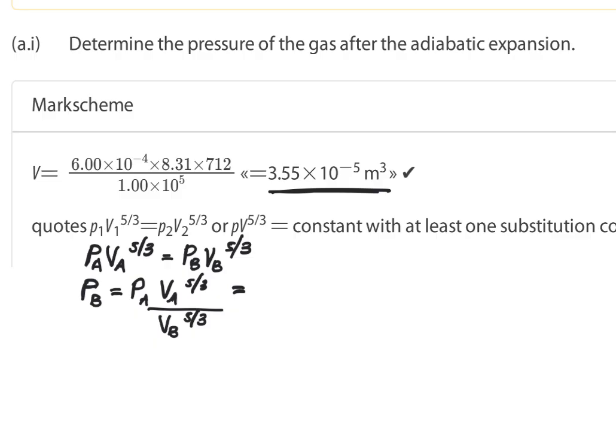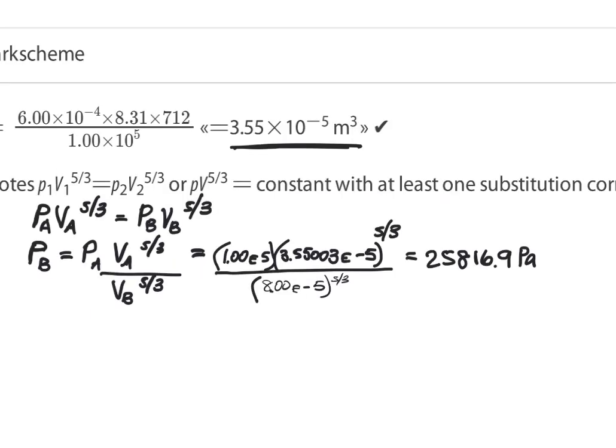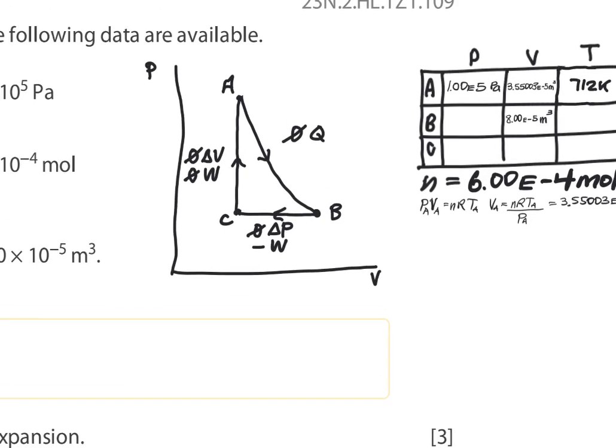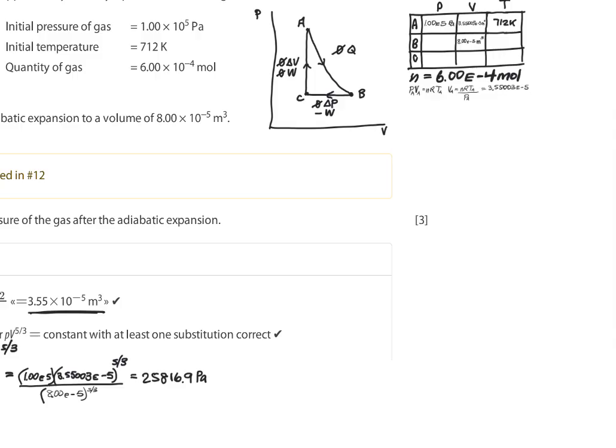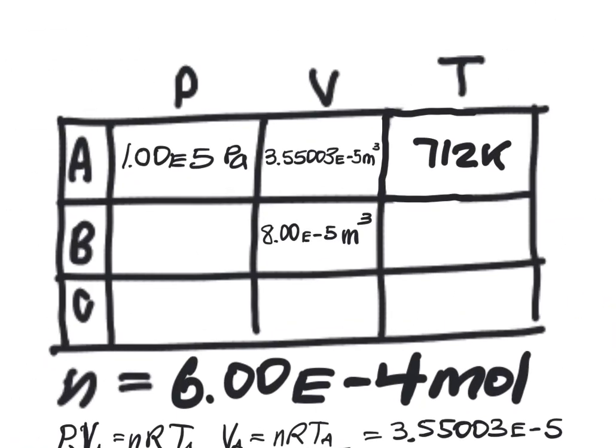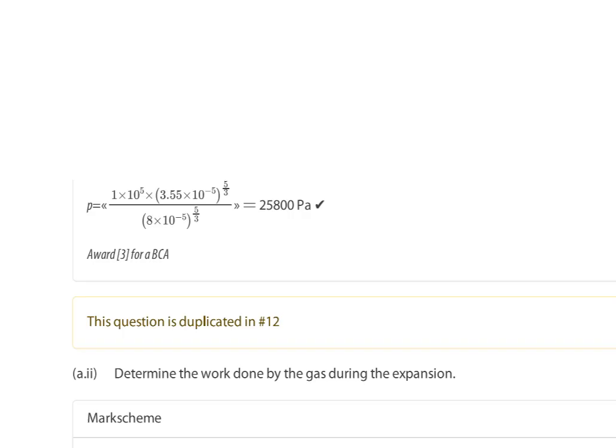If we work this through, again trying not to round, we wind up with 25816.9 pascals, which is less than the 100,000 it had previously. That matches the graph showing that from A to B the pressure decreases adiabatically. 25816.9 pascals. And that agrees with the mark scheme.